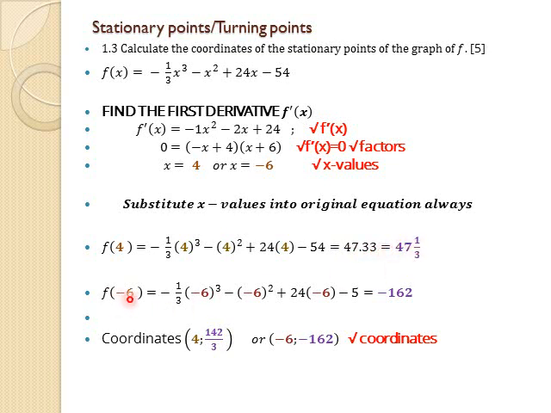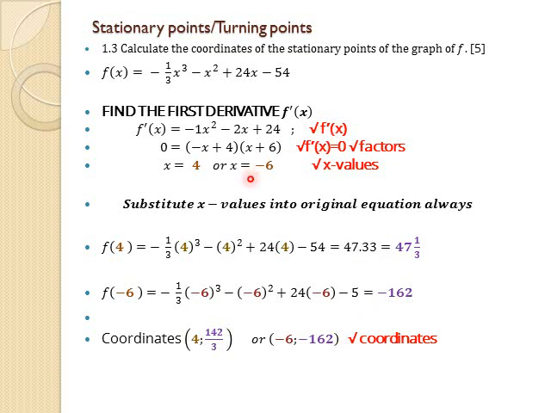If I use negative 6, then minus 1 over 3 times negative 6 cubed, minus negative 6 squared, plus 24 times negative 6, minus 54. Punch that all in my calculator, I get minus 162. So my coordinates of my stationary points are (4; 47 and a third), which can also be written as 142 over 3, or (negative 6; negative 162).